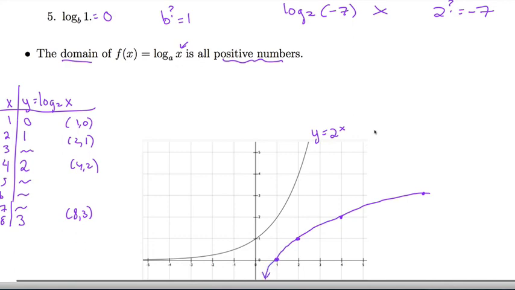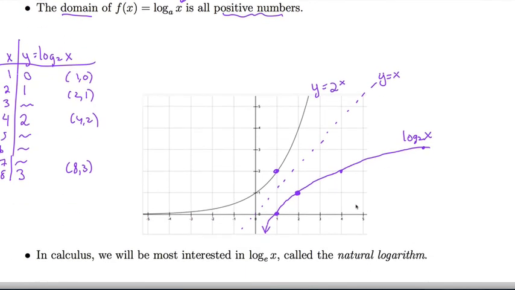And hopefully you might notice that, like all inverse pairs, these two graphs are mirror images in this diagonal line y equals x. If there's a point (2, 1) on log base 2, then there's a point (1, 2) on 2 to the x, because they're inverses of each other. All log graphs look more or less like this, just with different steepness.